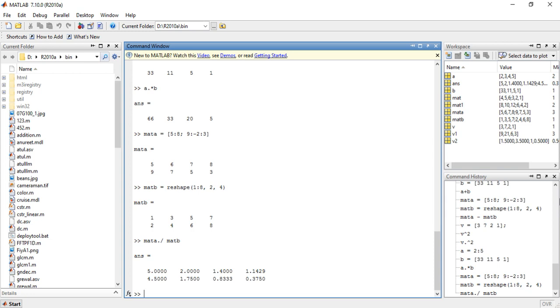These operators are called array operators and are used when multiplying or dividing vectors or matrices of the same size term by term. Matrix multiplication is a very different operation and will be covered further on.